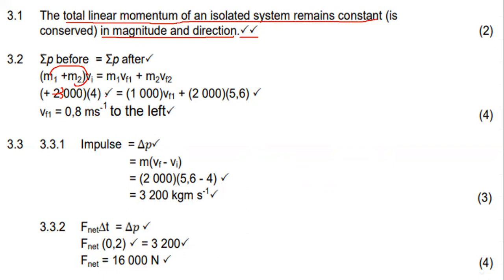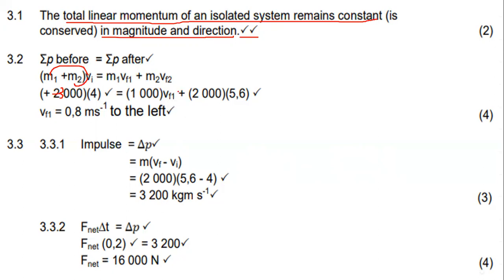Then you go to the other side, after the explosion. It's 1,000 multiplied by the final velocity of coach A, which is what we are looking for. And remember, we don't give it direction. Why are we not giving it direction? Because the algebra will work it out. You are still solving for that, my dear learners.